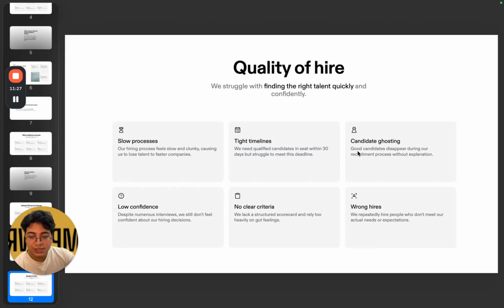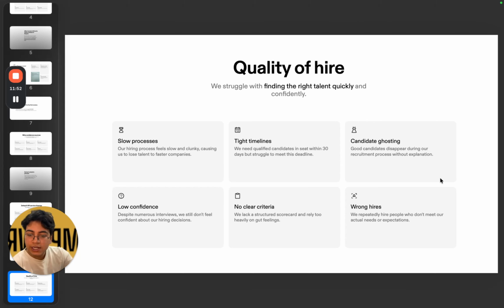Good candidates disappear during our recruitment process without explanation. Despite numerous interviews, we still don't feel confident about our hiring decision. We lack a structured scorecard and rely too heavily on gut feelings. We repeatedly hire people who do not genuinely meet our actual needs and expectations. So this is about how the quality of hire bucket sounds.